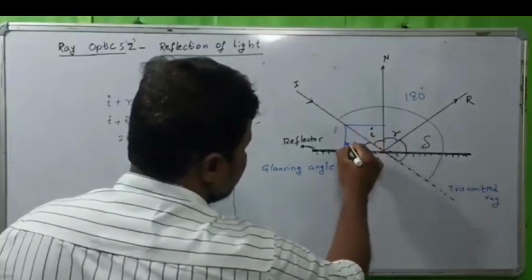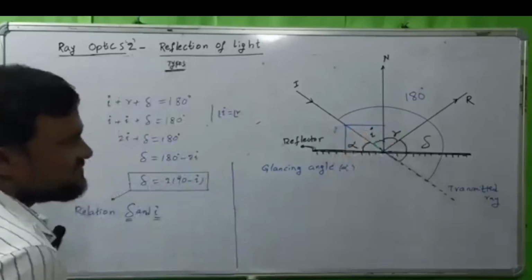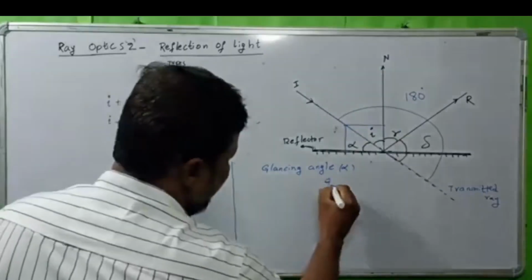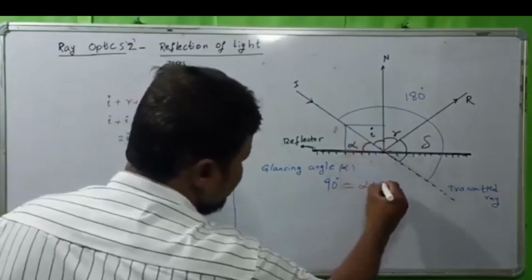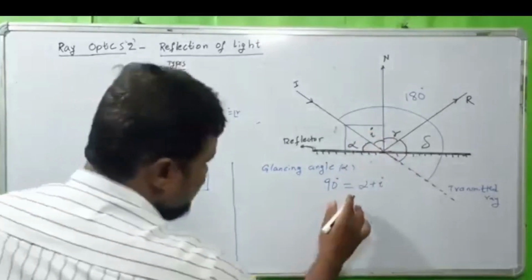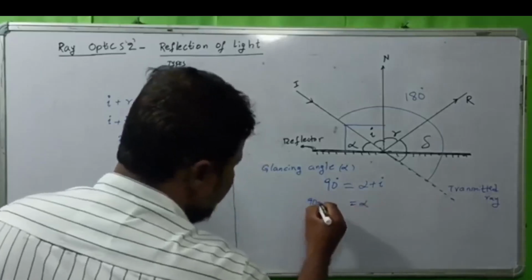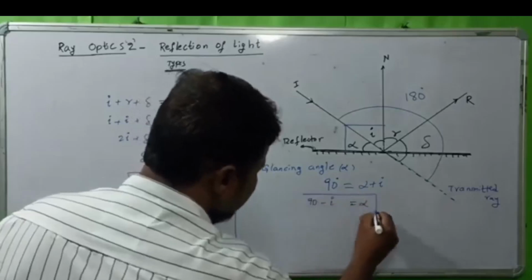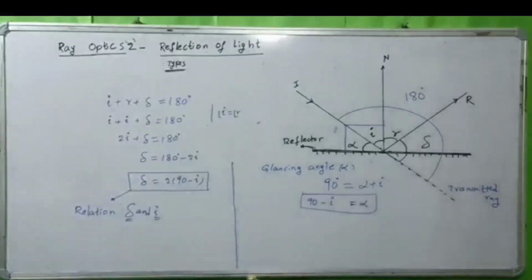Can I say that this is 90 degree? Yes. 90 degree is equal to alpha plus I. Alpha plus I is equal to 90 degree. From this, glancing angle alpha becomes 90 minus I. Alpha is equal to 90 minus I.